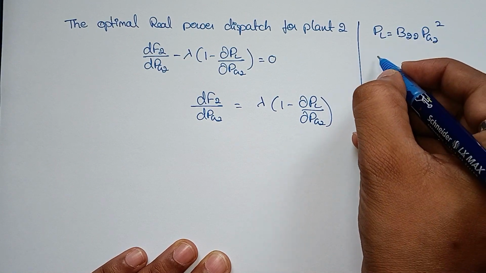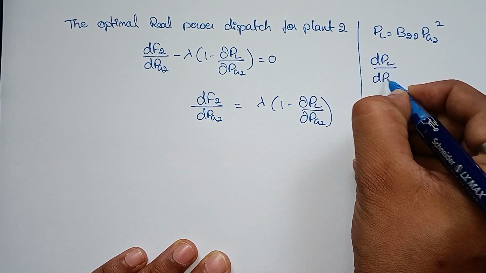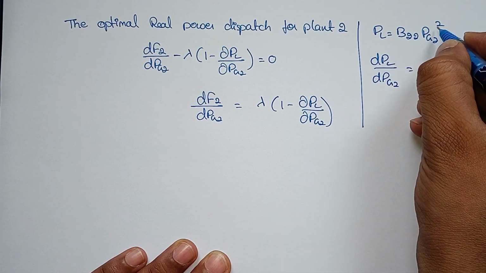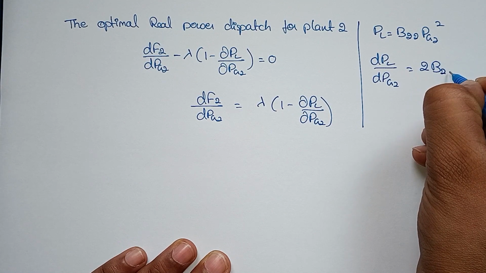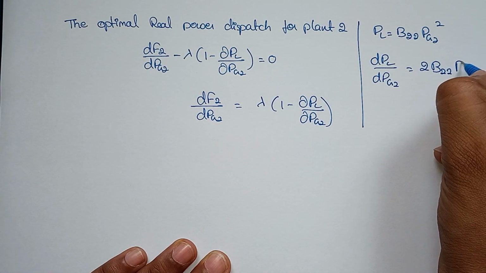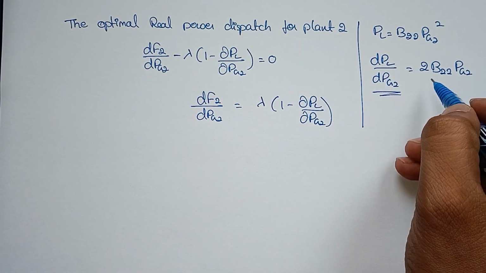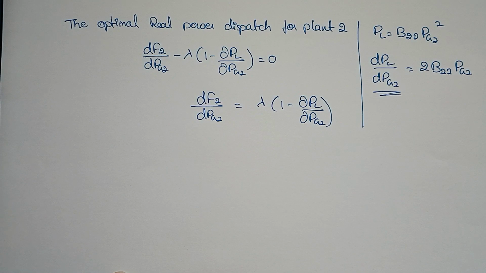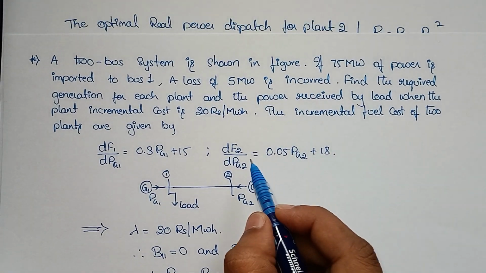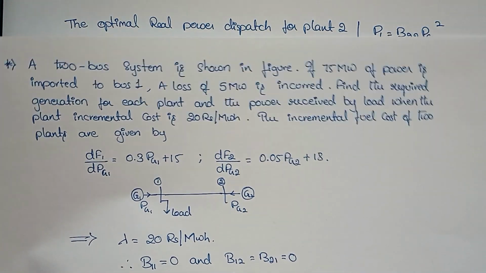If we differentiate PL with respect to PG2, we get 2 times B22 into PG2, since B22 is a constant. Now the value of dPL/dPG2 is 2 times B22 into PG2, and for dF2/dPG2 we have the formula 0.05 PG2 plus 18.